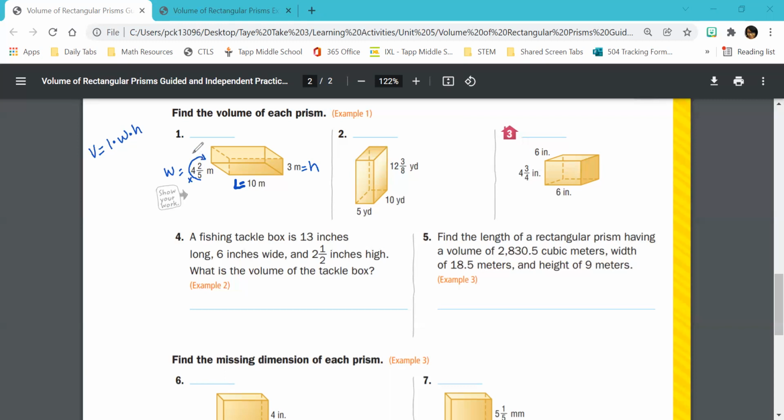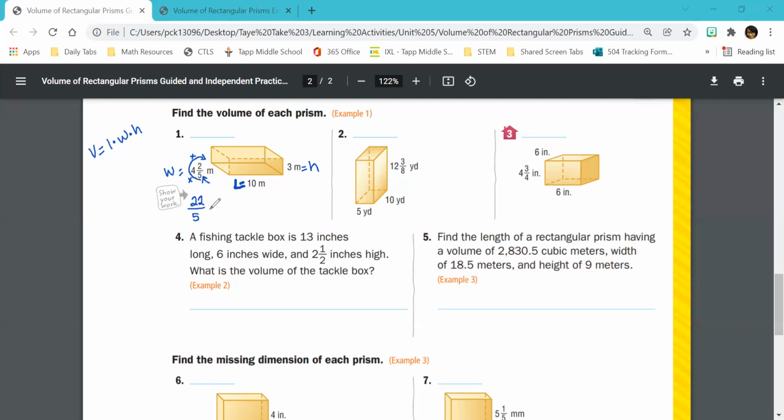Next, we keep following the arrow up. I take that answer of 20 and add it to the numerator of 2. So that is 22. And then I put that 22 over the original denominator of 5. So my answer for changing this into an improper fraction is 22 over 5.